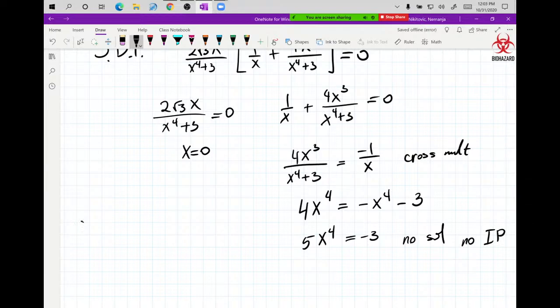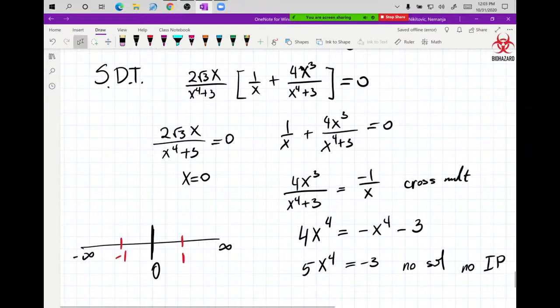But we still have negative infinity to positive infinity domain. We have no vertical asymptotes. And, oh, we got a 0. So, test points, again, you can do -1, +1. And this is now where you are at a disadvantage with this because you have to now plug into this mess.